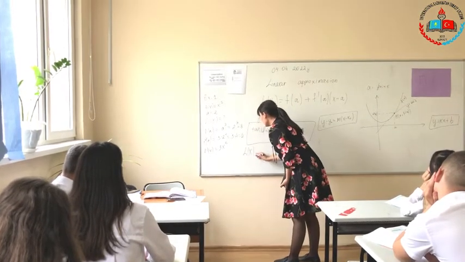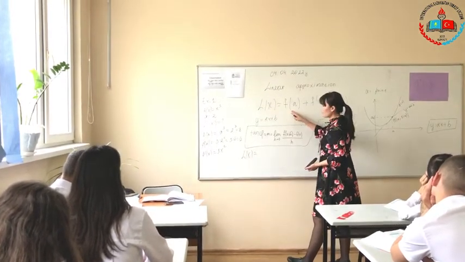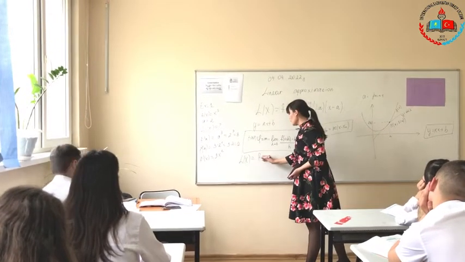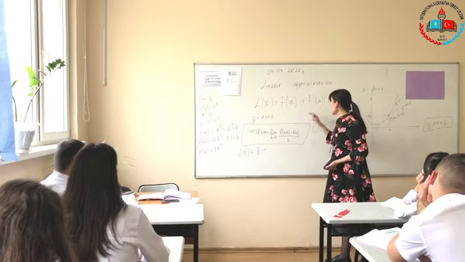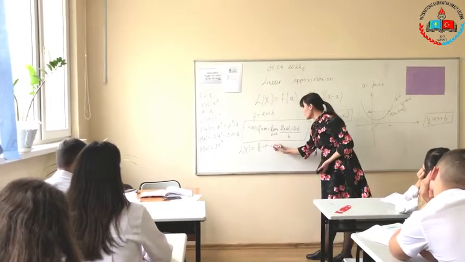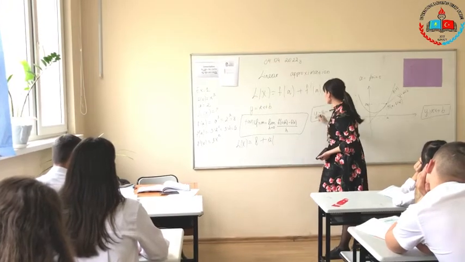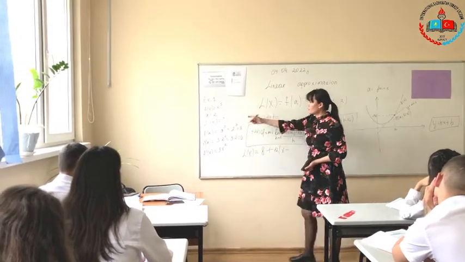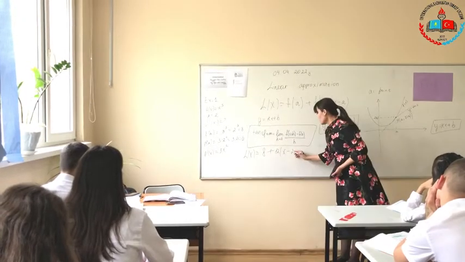L of x is equal to f of A, which is 8, plus f prime of A, which is 3x squared, which is 12. So instead of x, just x, and minus A, which is 2, right?